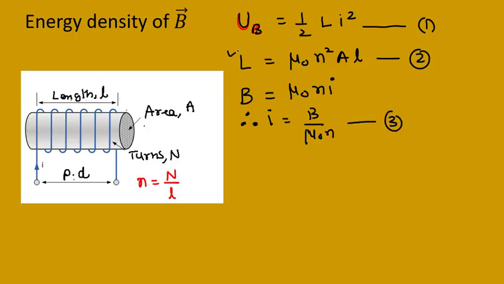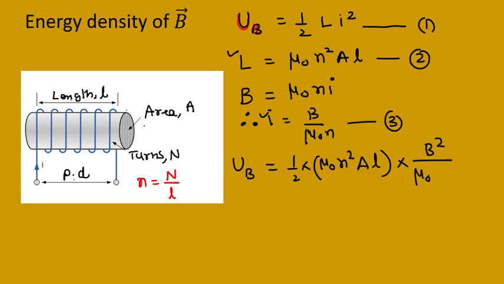So I can put the values of L and i into this equation to get the energy. The magnetic energy UB is equal to half. For L, I can write mu naught n squared A L. And for i squared, I will write B squared over mu naught squared n squared.